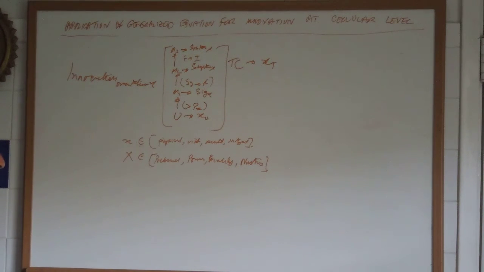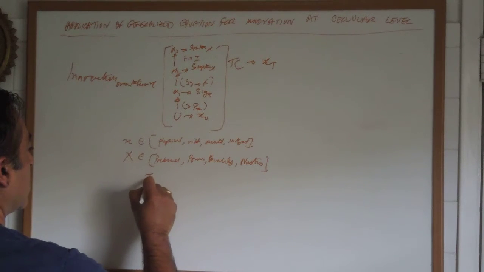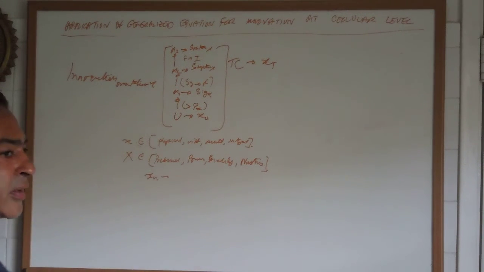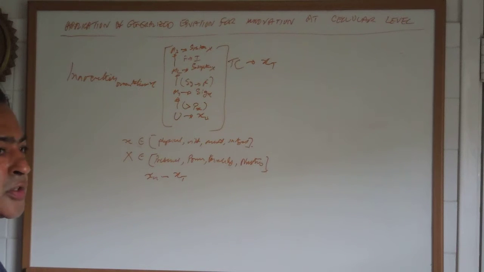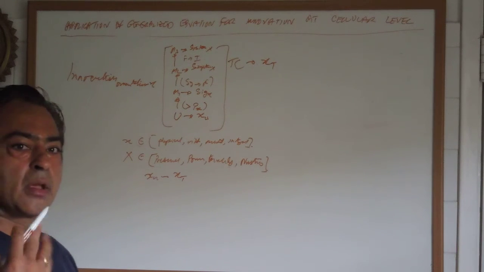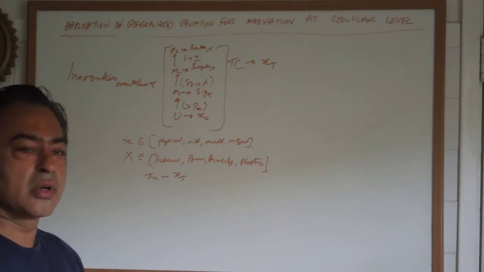So the action of innovation really is to take xu, which has certain characteristics or parameters that are untransformed, and transform them into a new set which allows the basis of innovation and innovation to occur in a very different way.